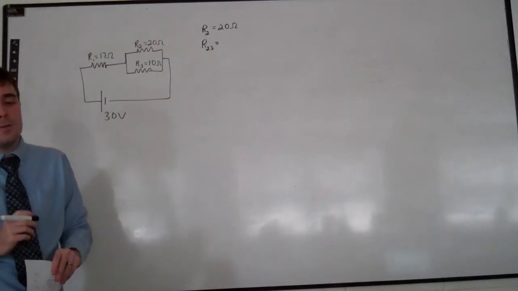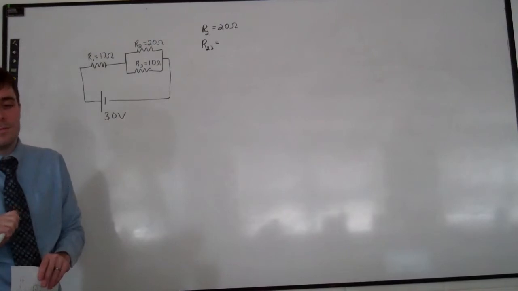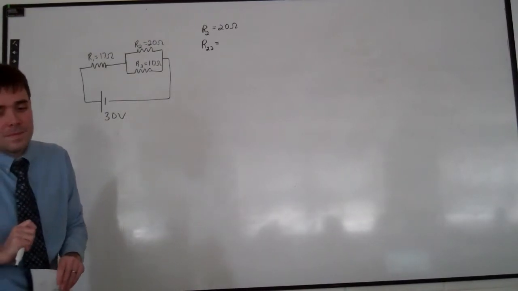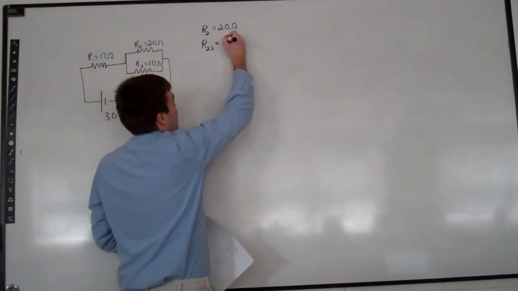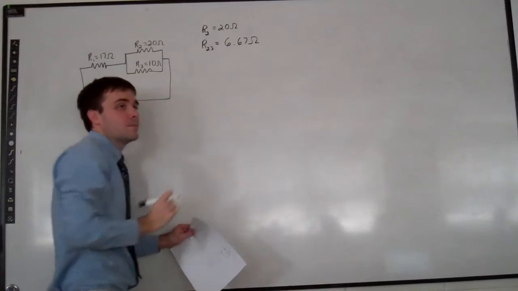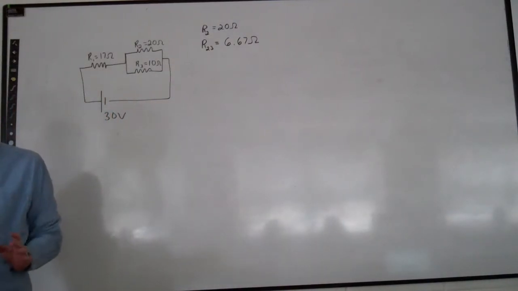Somebody do that in the calculator for me. It's 0.15. Alright, 6.67. That makes sense to everybody? Anybody have any problems doing the parallel branches?